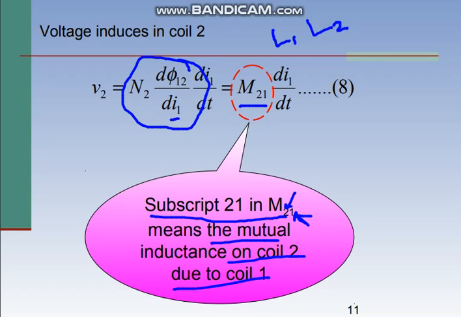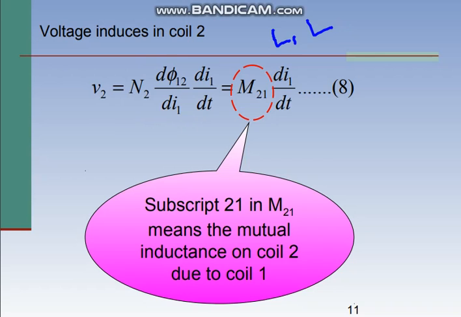That means the last subscript recognizes which coil the inductance is due to. Coil 2 has the inductance due to coil 1. Okay, so as we understand, that is known as mutual inductance.